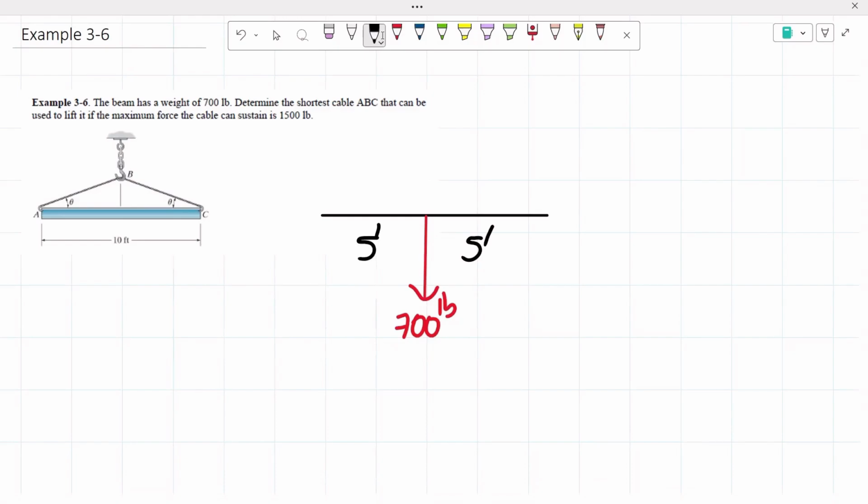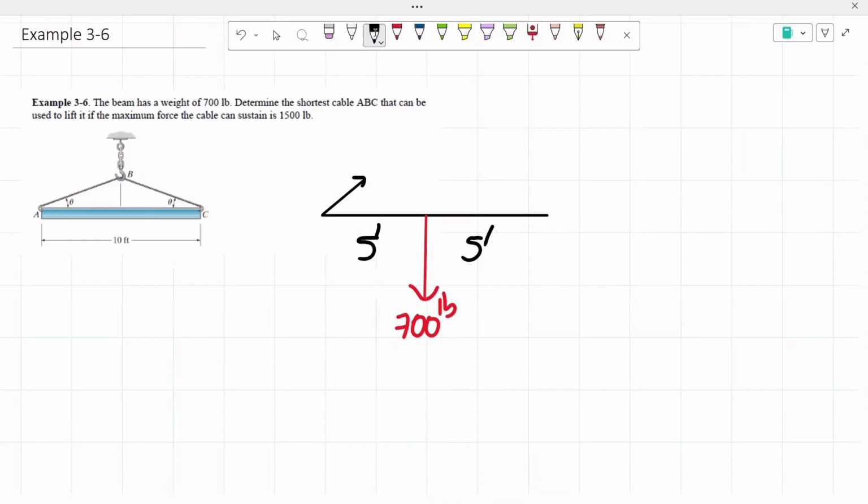From there, we have the cables AB and BC. We have cable AB and CB, so we can draw those as forces.